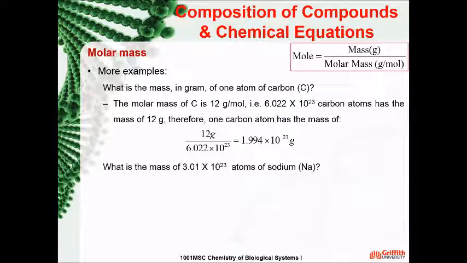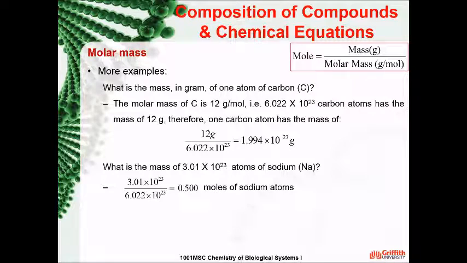Another example, what is the mass of 3.01 times 10 to the 23 atoms of sodium? Remember that 1 mole equals 6.022 times 10 to the 23 atoms, but we only have 3.01 times 10 to the 23 atoms, so we have less than 1 mole. So 3.01 times 10 to the 23 over 6.022 times 10 to the 23 is equal to 0.5 moles of sodium atoms.